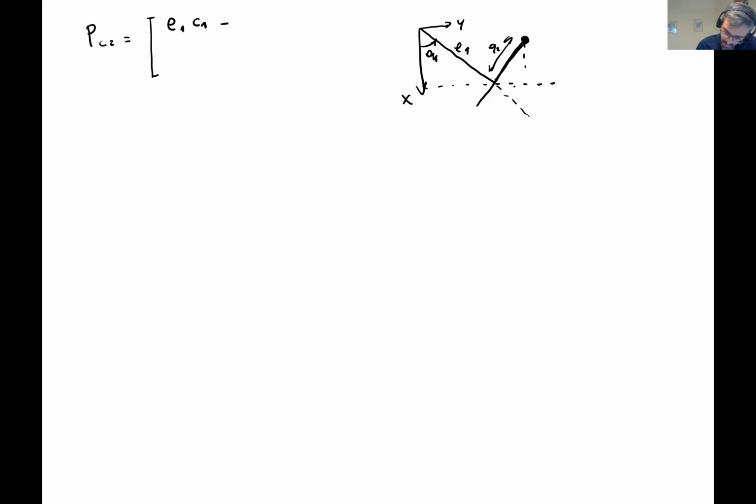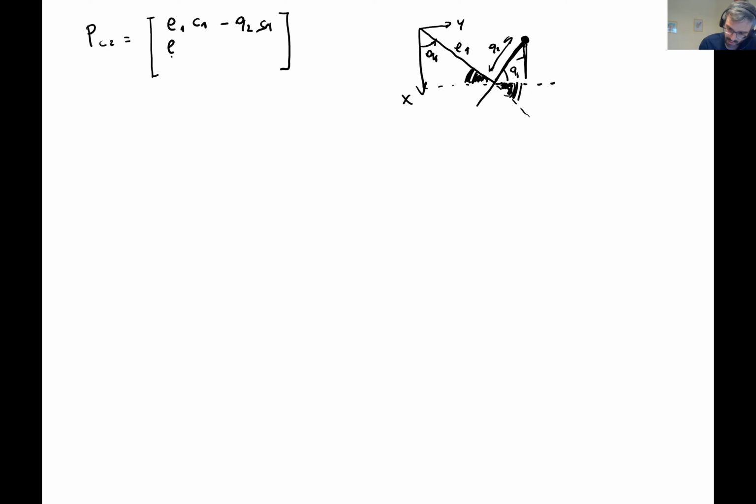So this is Q1. Sorry, this is the opposite of Q1, so this is the same angle. Therefore, this is 90 degrees. This will be Q1. So for the x coordinate, we need to subtract Q2 sine of Q1, which is this segment.